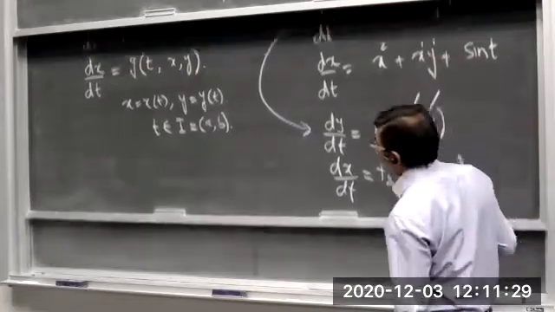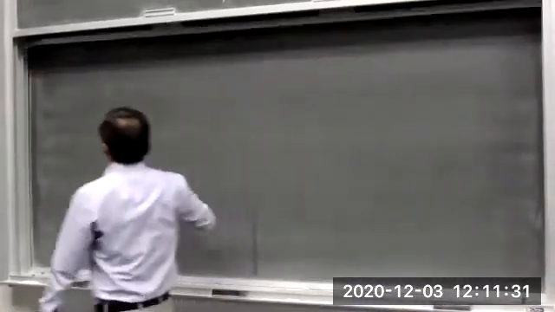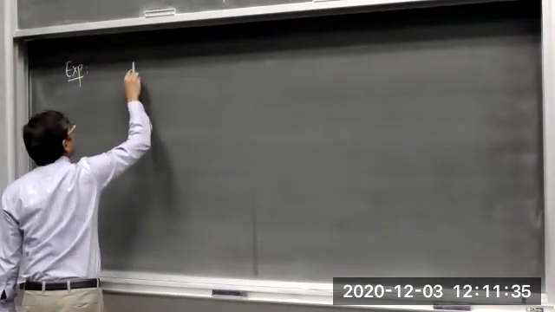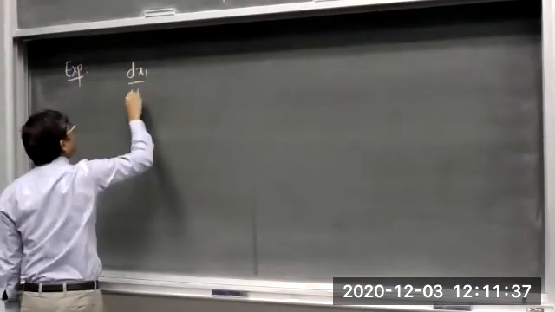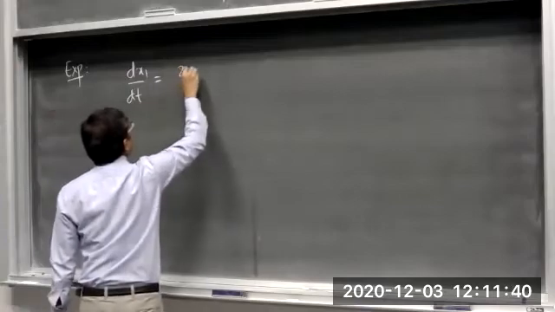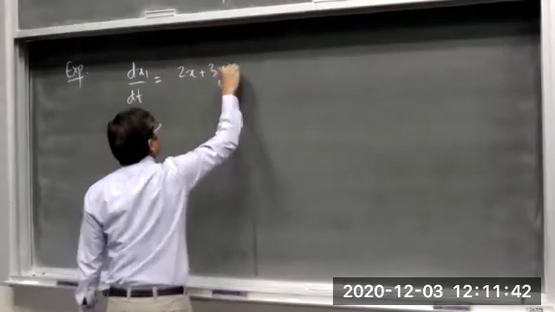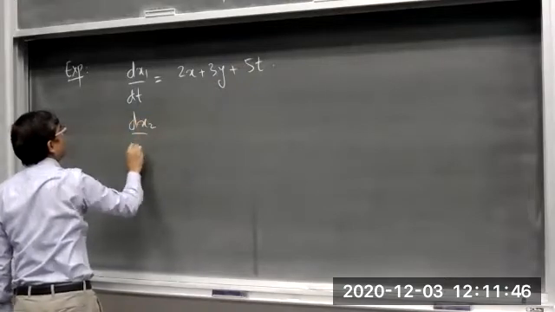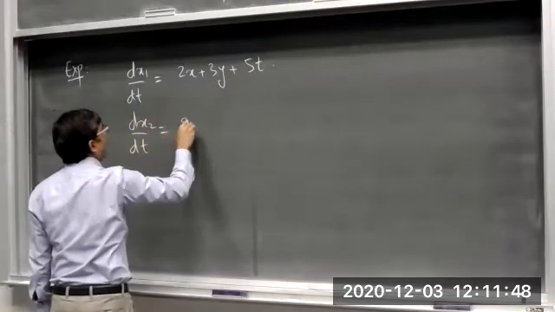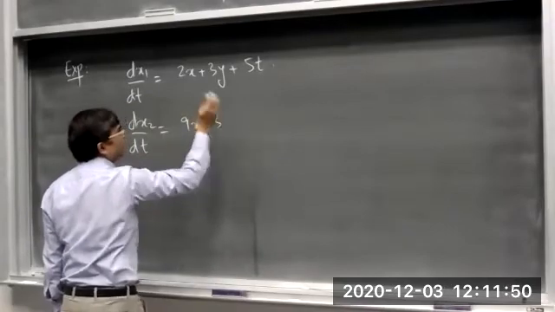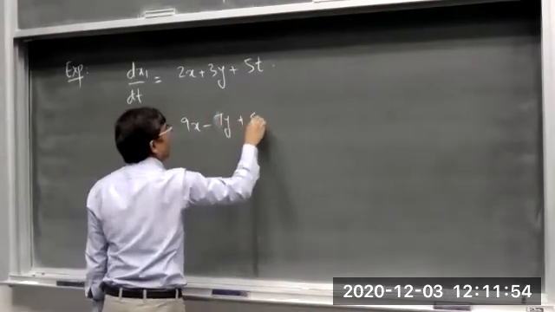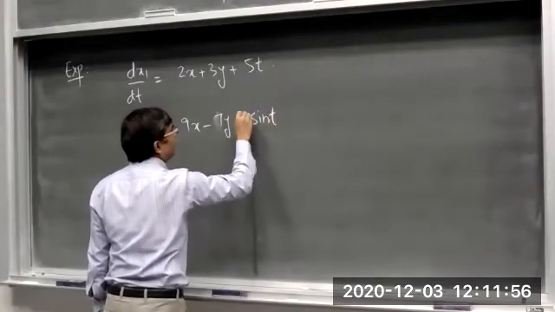see another example. For example, we write here a system: dx1 by dt is equal to 2x plus 3y plus 5t, and dx2 by dt is equal to 9x minus 7y plus 2 sine t.